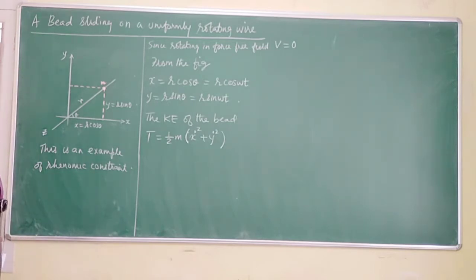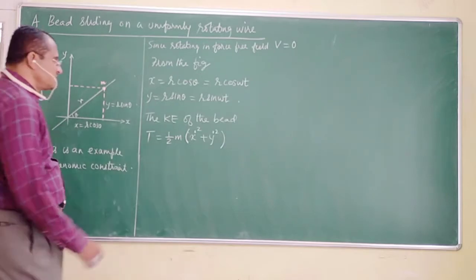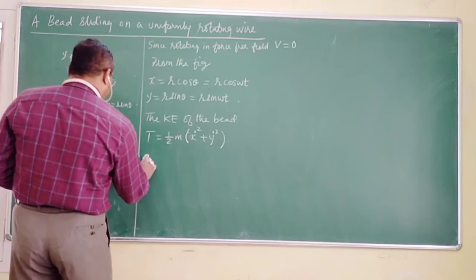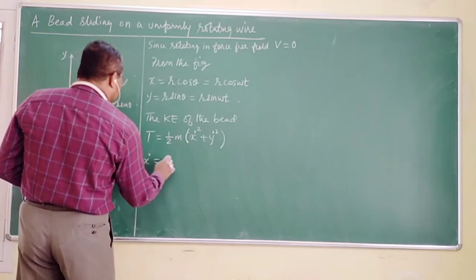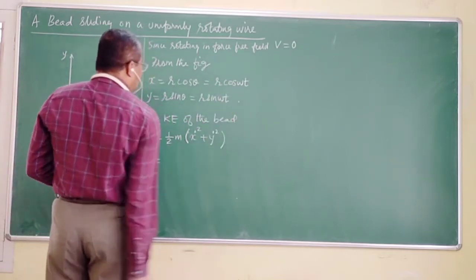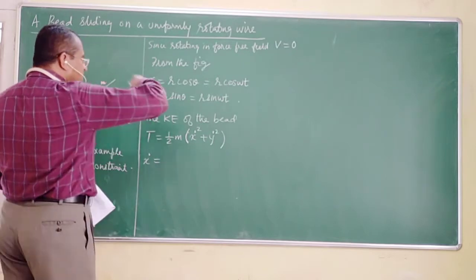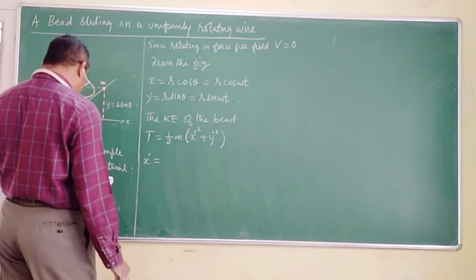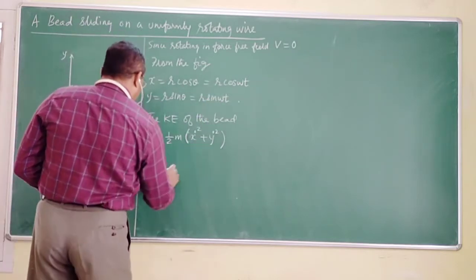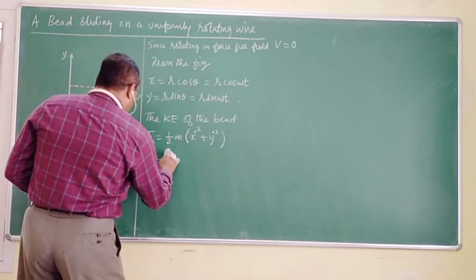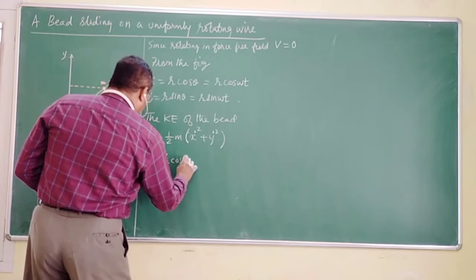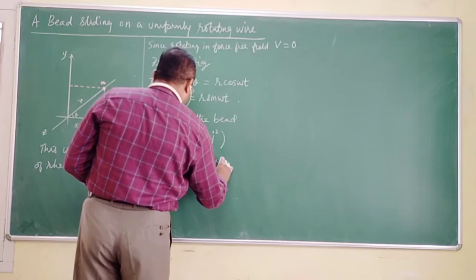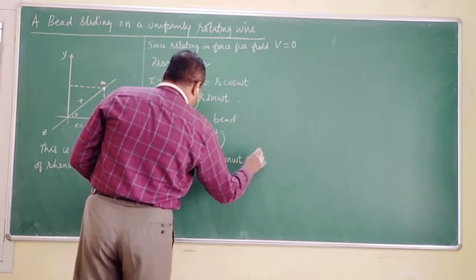We have to find them from the values of x and y, which means you need to differentiate these two with respect to time once. Therefore, x dot, r and omega are variables, and therefore I differentiate using the UV method. R dot cos omega t minus r omega sin omega t.